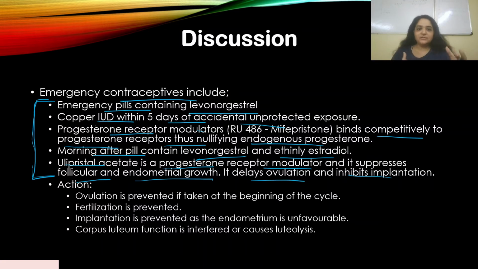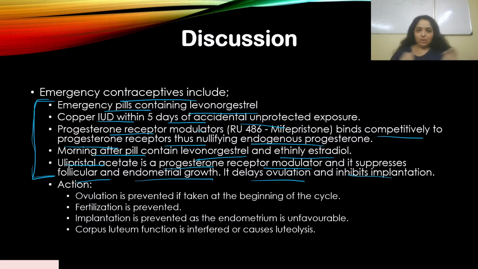Or of course there is the copper IUD, which is not really a hormonal method, but copper also plays a role in suppressing sperm motility. So that's another way. We've understood the normal menstrual cycle and how a woman can get pregnant, but now to avoid that, what are the different ways that you can come around this situation?